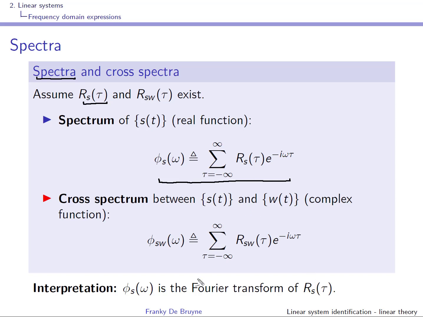It's not mentioned here that it's the discrete time Fourier transform of the autocorrelation function. This goes beyond the scope of the course, but you can also define a cross spectrum between two signals, and there you need the cross correlation function RSW of tau.